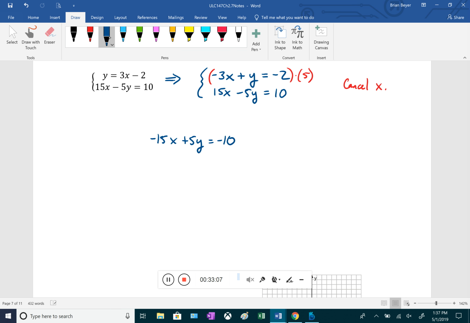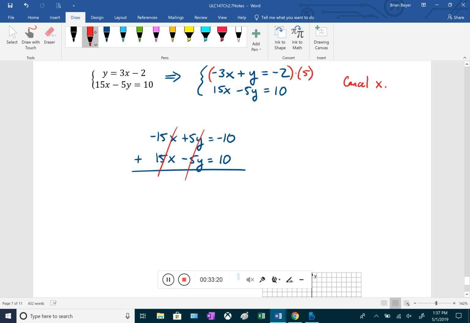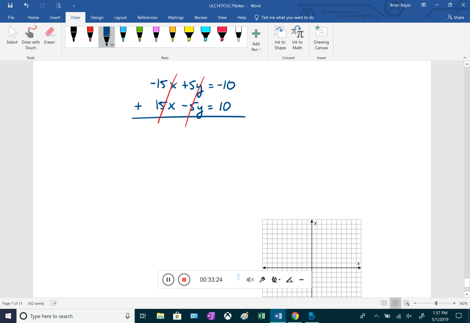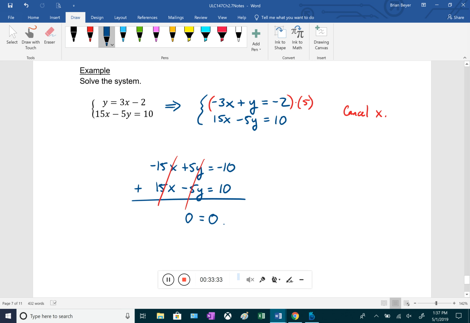The second equation we didn't have to adjust, so we just rewrite it. Then we add these together, and we see that the x's cancel off because that's what we wanted to happen. But then we notice that the y's also cancel. 5y minus 5y gives us 0. On the right-hand side, -10 plus 10 also gives us 0. So this time both of the variables canceled and we got a true statement, so there are infinitely many solutions.